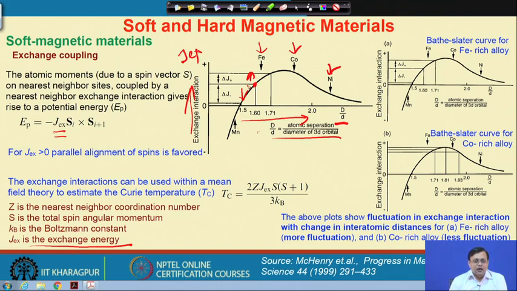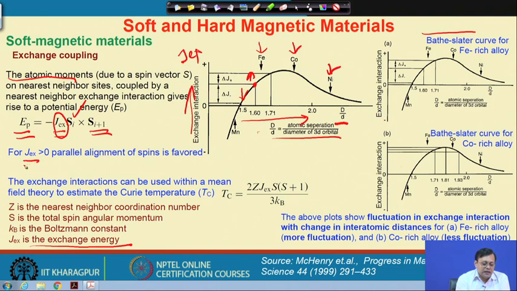This is the important aspect of this Bethe-Slater curve. The atomic moment due to a spin vector S on a nearest neighbor site, coupled by a nearest neighbor exchange interaction, gives us a potential energy change. This potential energy is linked with the exchange energy multiplied by the spin vector with its nearest neighbor.